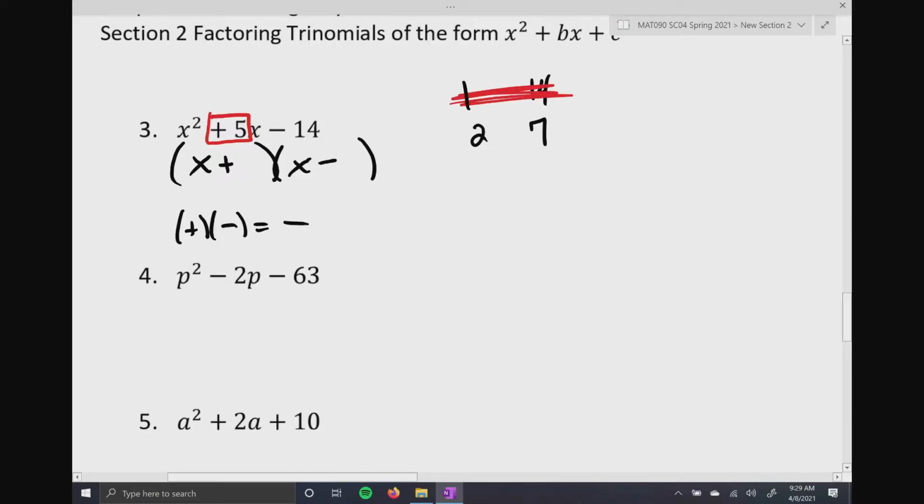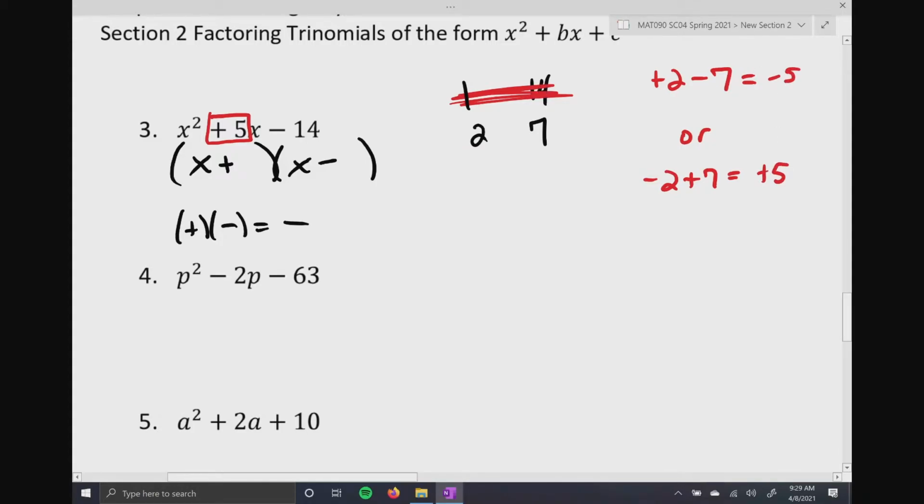Now, with the 2 and a 7, you have 2 options. Watch this. You can have plus 2 minus 7 or negative 2 plus 7. The reason why is I have 2 different signs, so they can be any which way. If you do the signs first, you can see exactly what you have. This is going to be negative 5, and this is going to be positive 5.